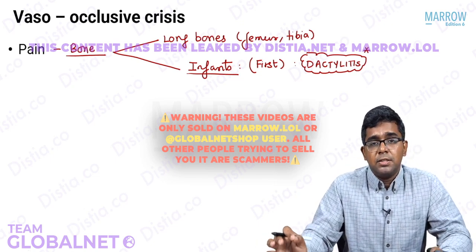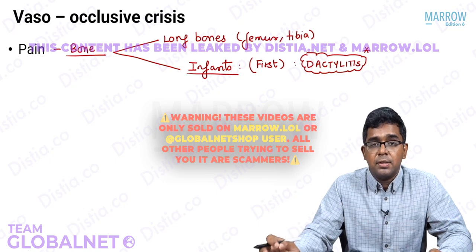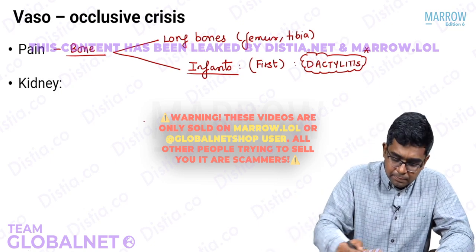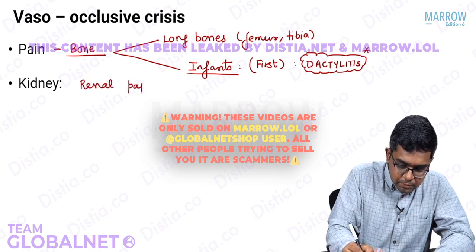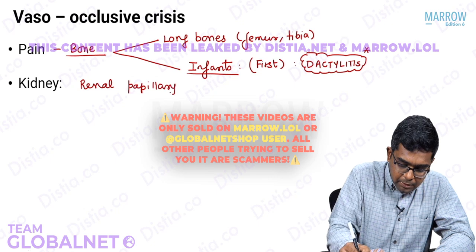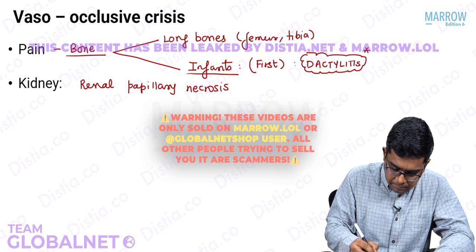The next set of manifestations related to vaso-occlusive crisis may occur in the kidney. In the kidney, there is renal papillary necrosis. And what is the manifestation because of this?